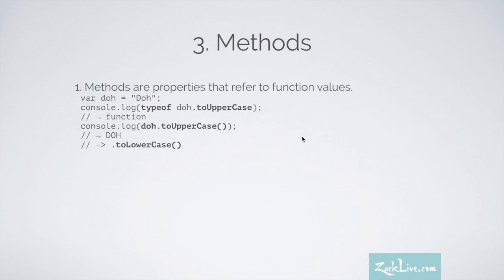So, methods are just functions within a value. They are like properties, but they belong to a certain value. For example, every string has a function called toUpperCase, which will change all the letters within a string to uppercase.